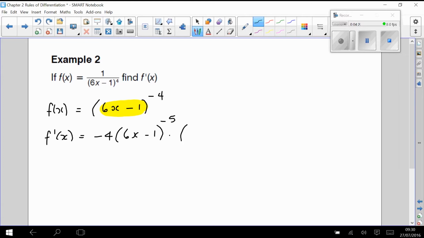And now I times that by the derivative of the inner function, and the derivative of 6x minus 1 is 6. Once again, this is a perfect answer, but if I simplify this, the derivative of this function is going to be minus 24 all over 6x minus 1 to the 5.